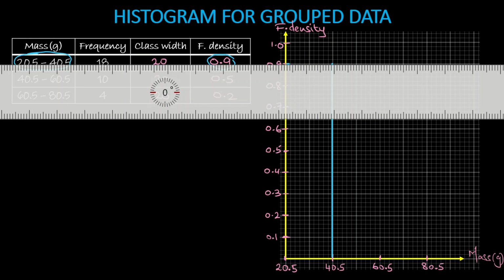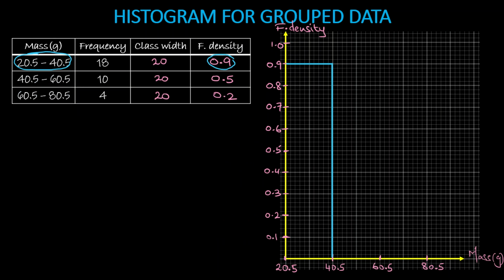So here we are, right? The first bar completed. Like this, we carry on to complete the other two rectangles of the histogram. So this is it. We have completed the histogram for this grouped data, right?